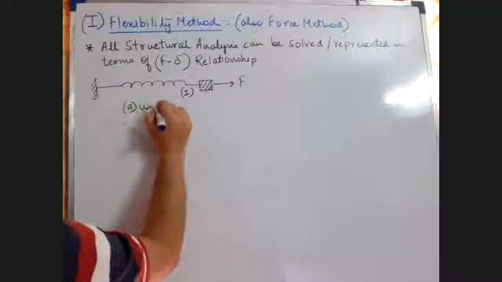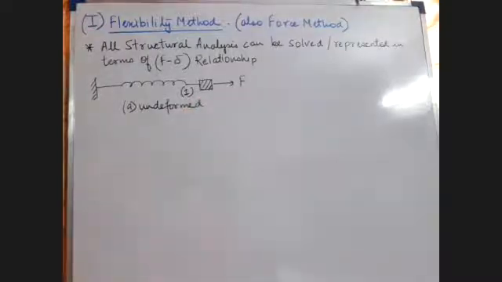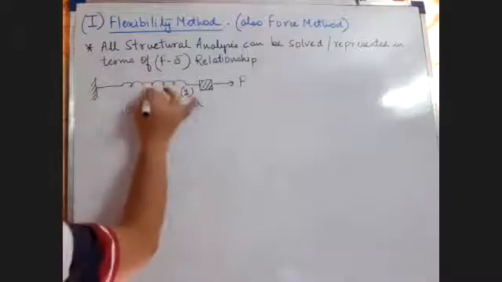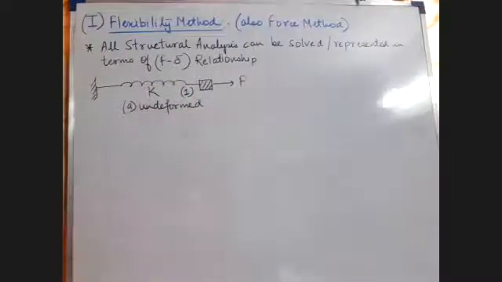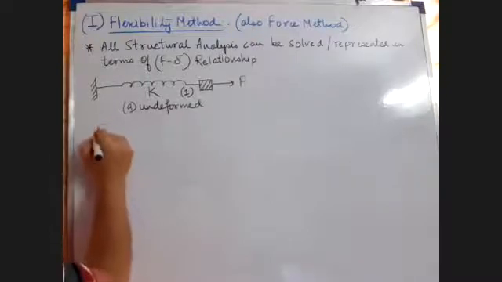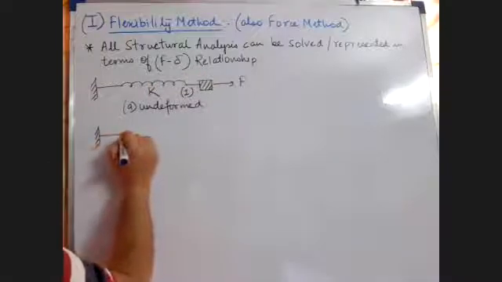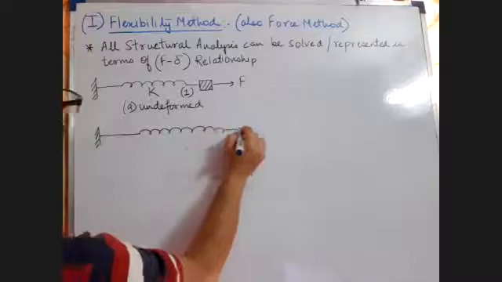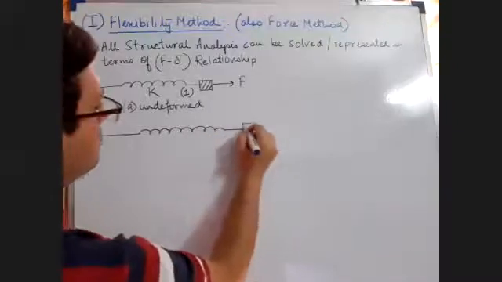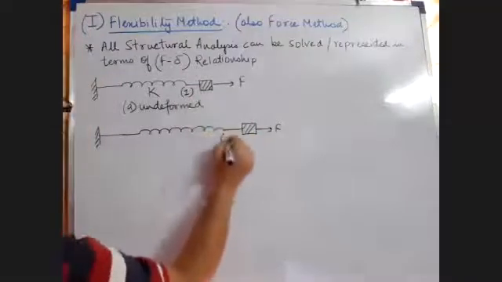In the initial stage, the spring has a spring constant K, and I'm pulling a force F. After deformation, what will happen? I'm stretching the spring, and the spring will get elongated. This is position 2.